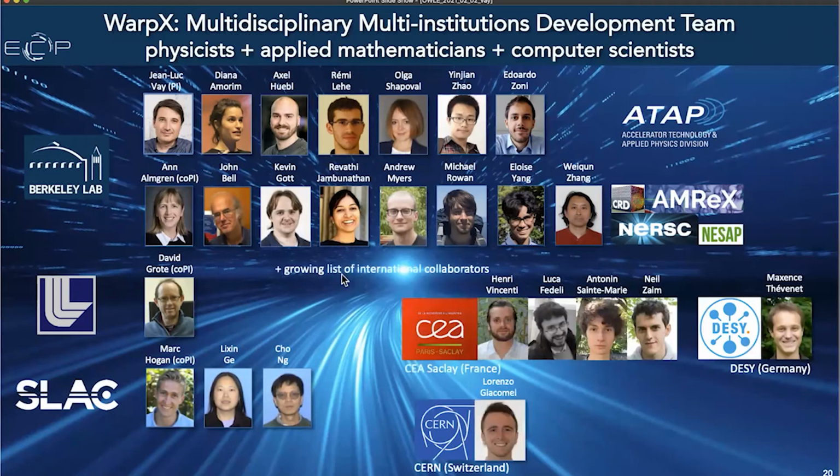In addition, we have a number of collaborators, a growing list from CEA, DESY, and recently also a PhD student from Sir Lorenzo Giacomo, who is starting to participate in the development.